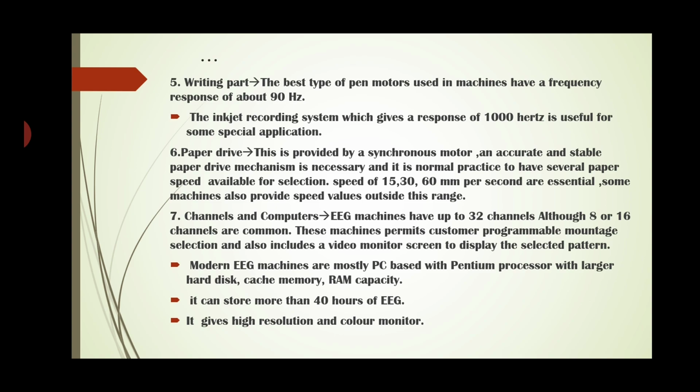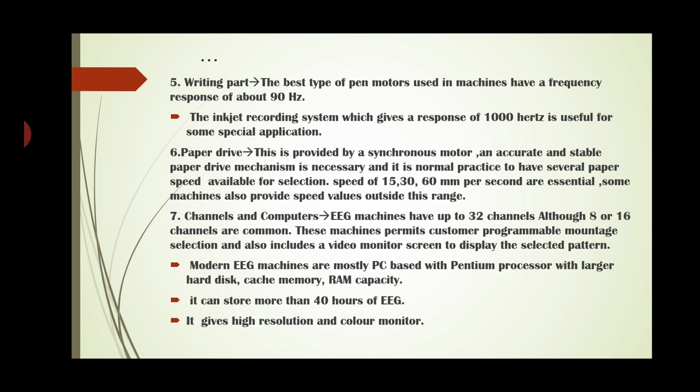Fifth, the writing part. The best type of pen motors used in machines have a frequency response of about 90 Hz. The inkjet recording system, which gives a response of 1000 Hz, is useful for some special applications. Sixth, paper drive. This is provided by a synchronous motor.